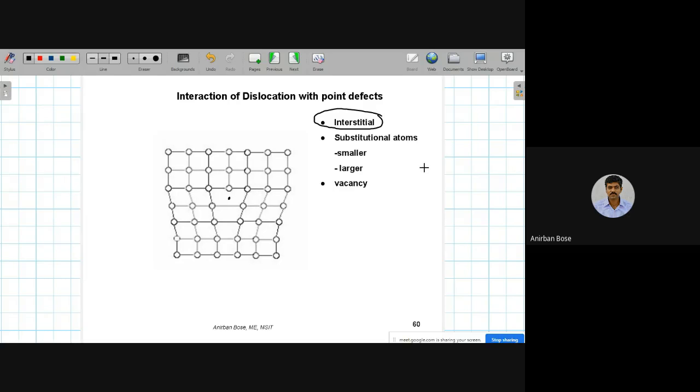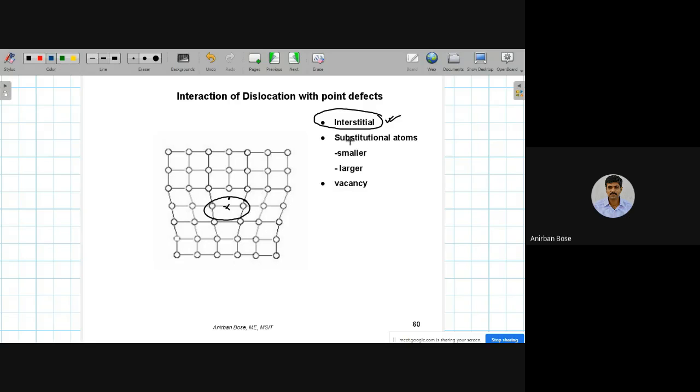Due to this line defect, in the tensile region the interstitial void space is quite large, so there is a chance that interstitial atoms will come into this region.